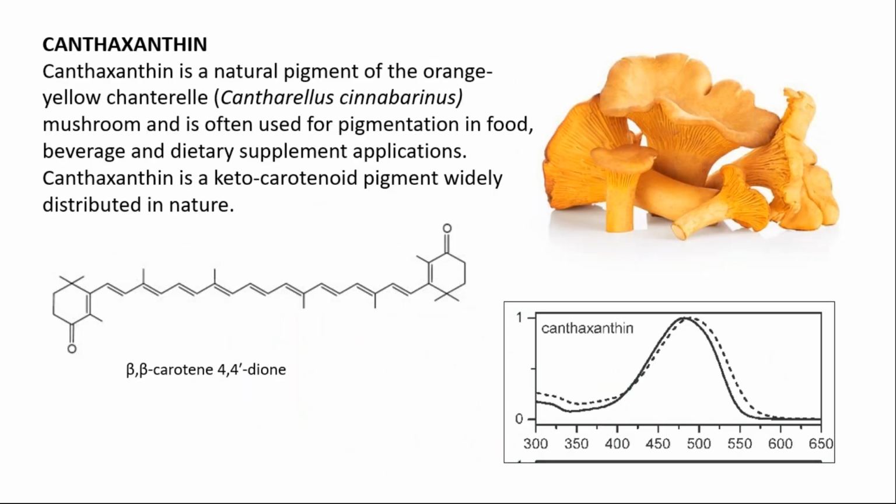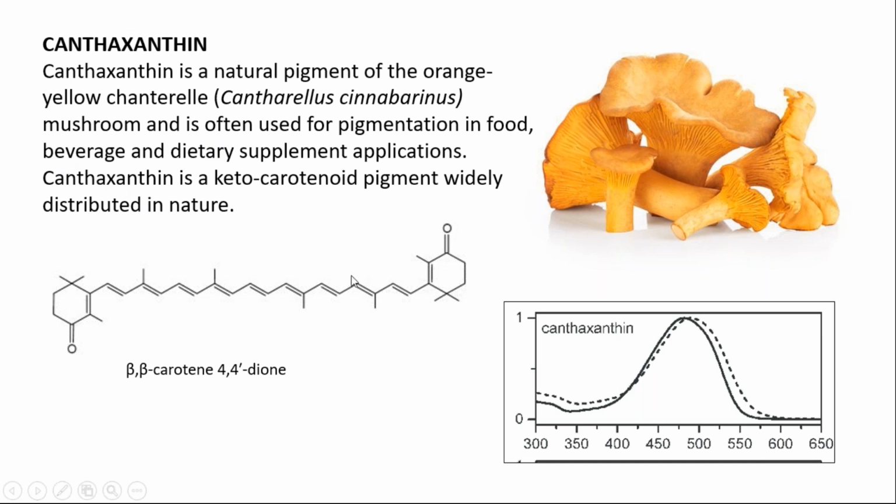Then we have another xanthophyll, canthaxanthin. This also is allowed as a natural color in foods, and it is a pigment found in the yellow chanterelle mushroom. It is often used to color foods, especially beverages, and it is used as a dietary supplement.